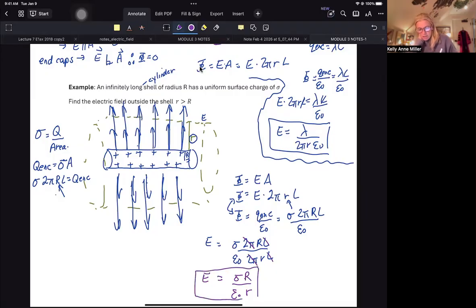And that would be the electric field some distance lowercase r away from an infinitely long cylindrical shell.